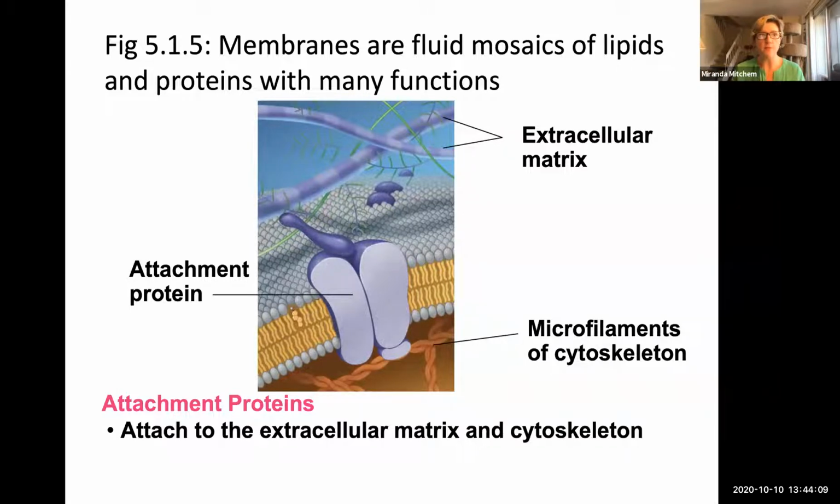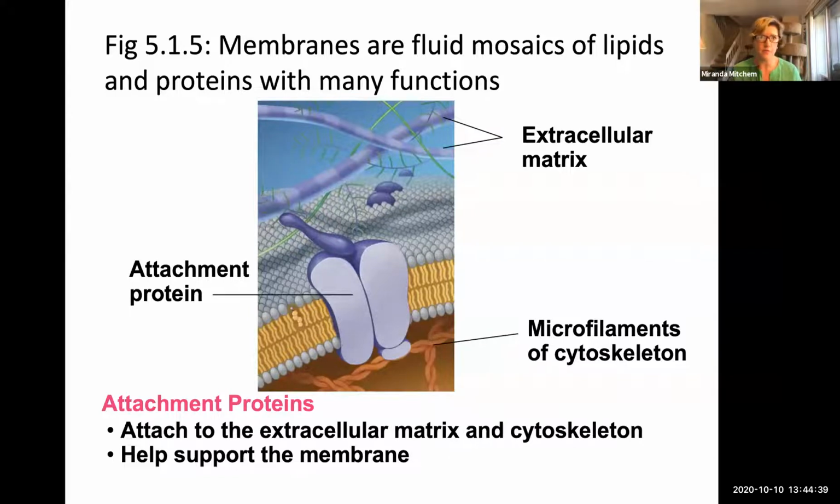So these tend to be more anchored in place in the membrane because they're attached to something. The other proteins that we've looked at so far haven't been anchored to anything, so they move more freely in the membrane, whereas these are a bit more tethered. Because of that, the attachment proteins provide physical structural support to the membrane, since they are anchored to the cytoskeleton or extracellular matrix.